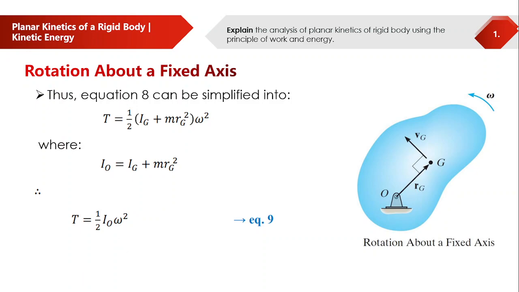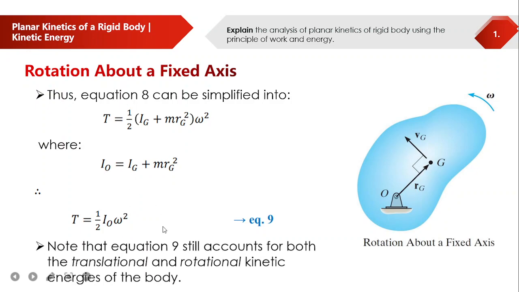So, para kung makuha pala natin yung kinetic energy when your body is experiencing rotation about the fixed axis, masosolve lang natin using 1/2 of the moment of inertia at point O multiplied with the square of the angular velocity of our body. Then you can have your kinetic energy. No? Note that equation 9 still accounts for both the translational and rotational kinetic energy of the body. Okay?